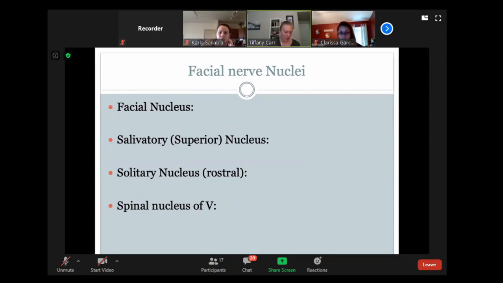So the facial nucleus, the cell bodies of the motor fibers, are going to be found in the lower pons. Salivatory, so it's going to be parasympathetic. The preganglionic cell bodies of the parasympathetic neurons are located here in the pons. The book says medulla, so ignore that. Make sure you note that that's in the pons.